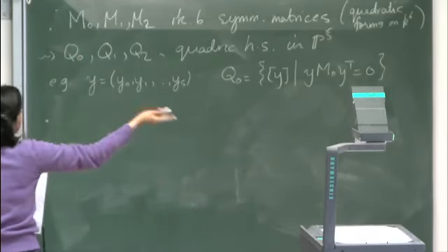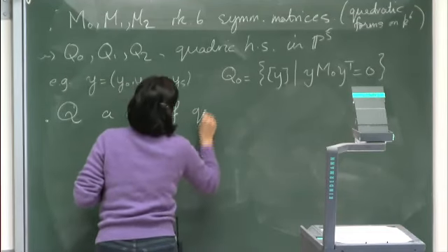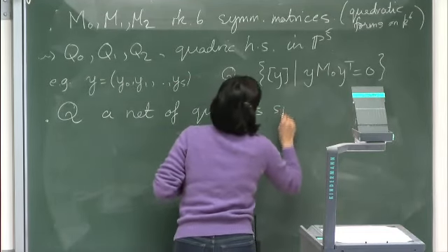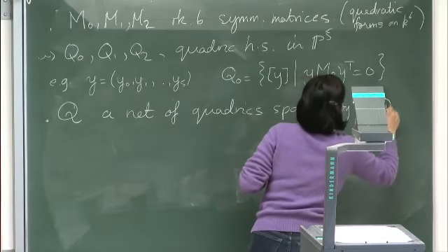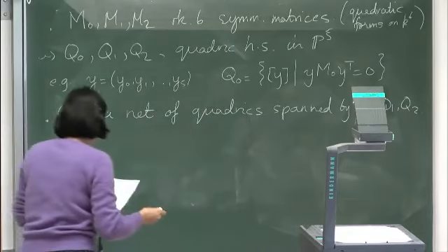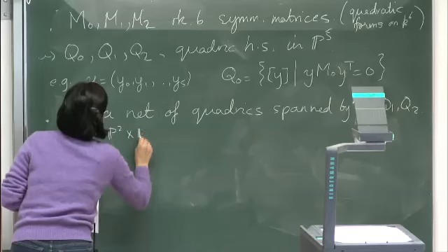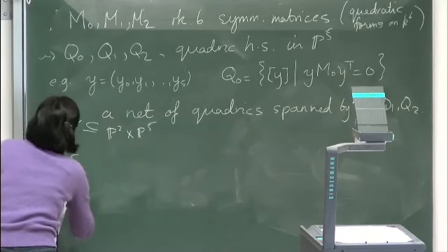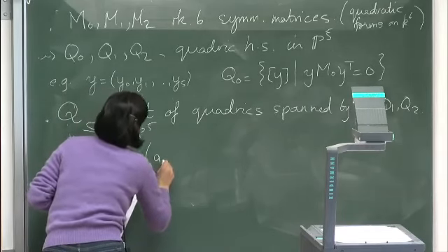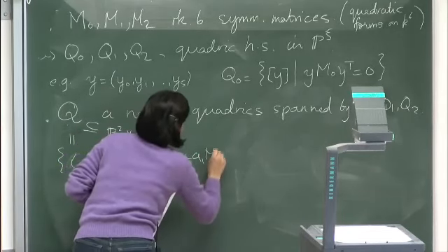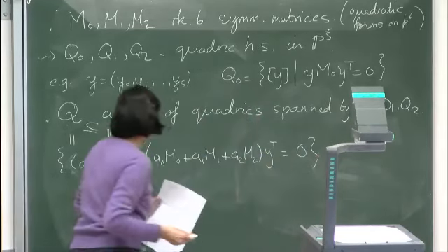And then you now generate a family, or what we call a net of quadrics, spanned by Q0, Q1, Q2. So what is this? This is contained in P2 cross P5, and it consists of the set of all points (A, y) such that y (A0 M0 plus A1 M1 plus A2 M2) y transpose equals 0.